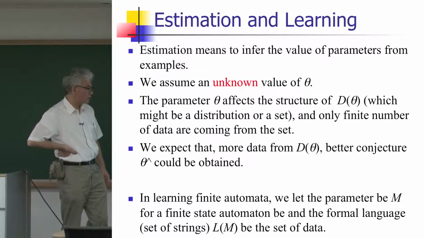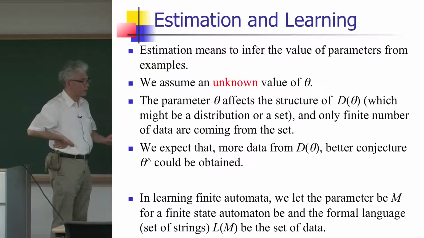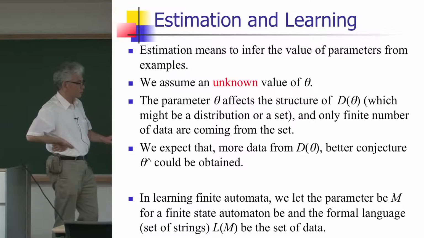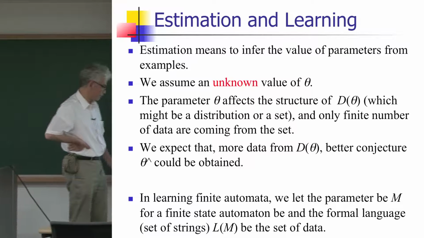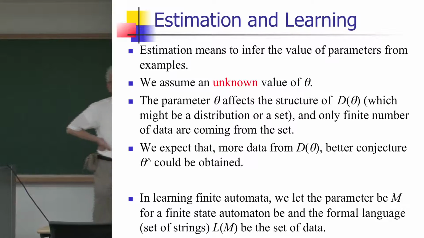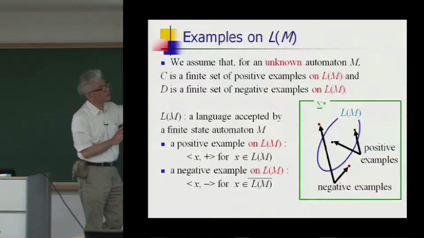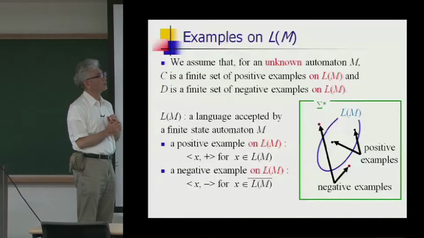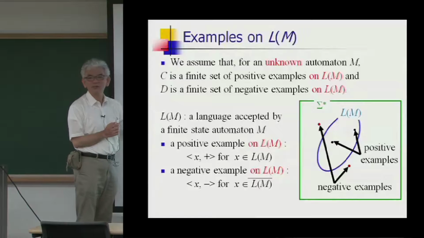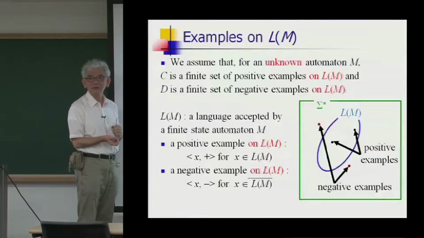This is a key idea or fundamental foundation of estimation. And in learning finite state automata, we let the parameter theta be a finite state automaton M, and L of M in formal language theory be the set of data corresponding to D of theta. More precisely, we assume that an unknown automaton M is provided, but it is unknown for us.